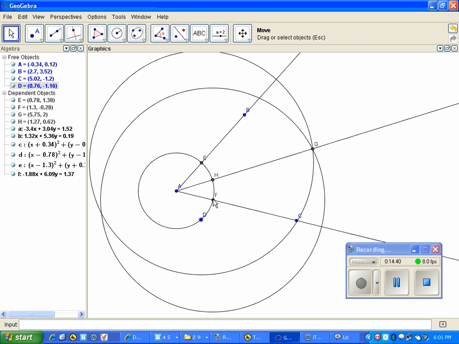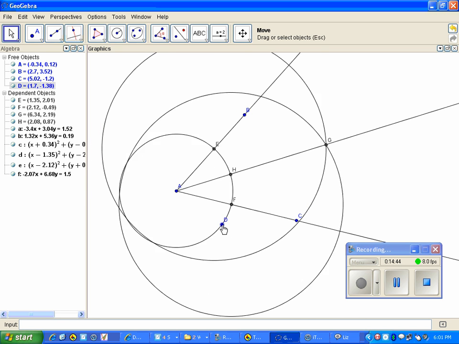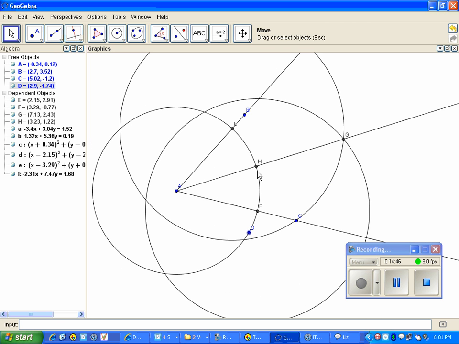So it's equidistant from the two sides of the angle, no matter where I put it. If I made a bigger circle, it's still going to be on the angle bisector, and the distance from H to this line is going to be the same as the distance from H to the other side of my angle.